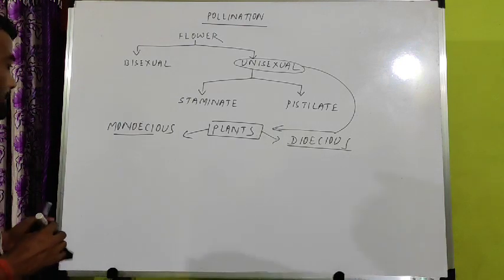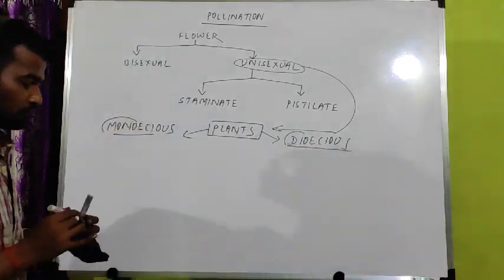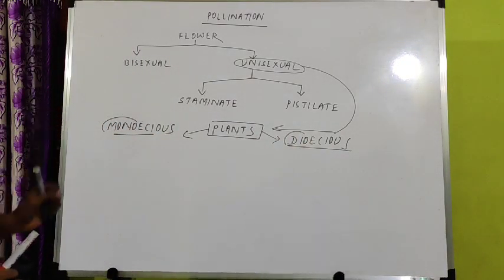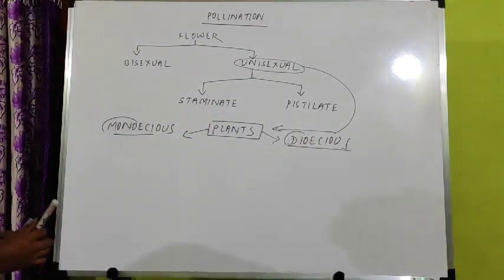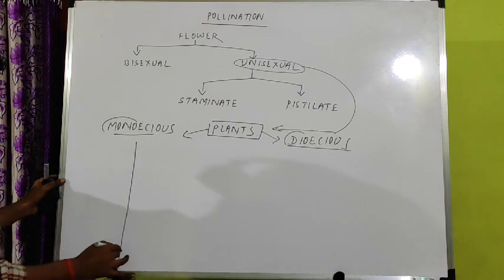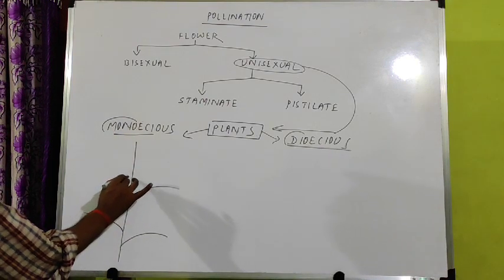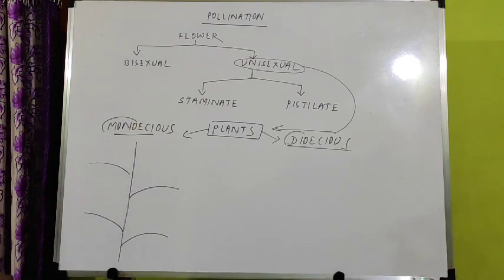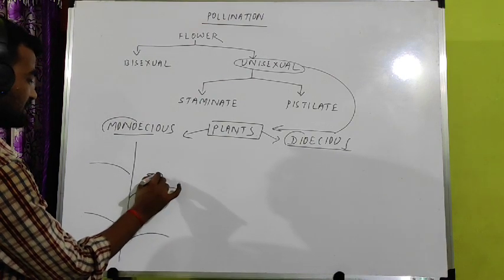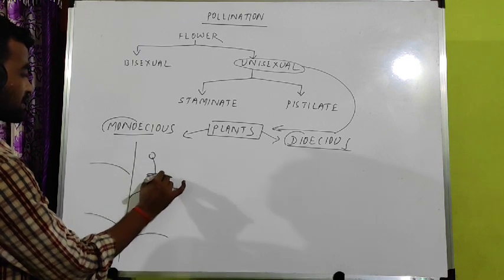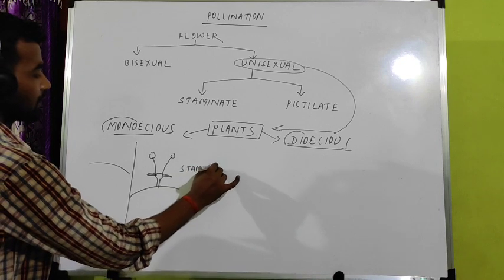So listen carefully. What is monoecious? Mono means single, di means two different. Both contain unisexual flowers, staminate and pistillate. This is one plant and these are the branches of the plant. In the upper branch there is a staminate flower.